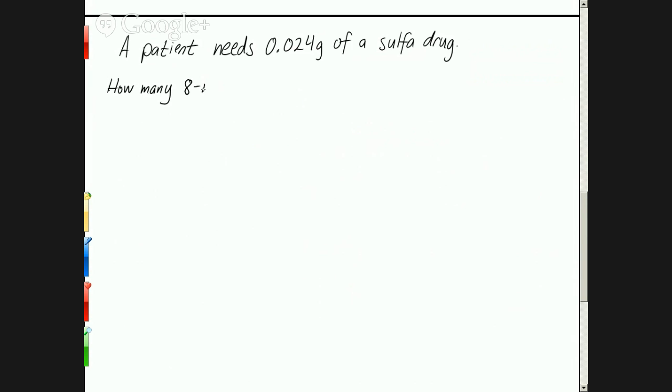How many 8 milligram tablets should be given?